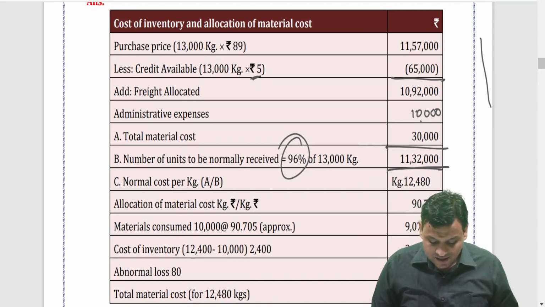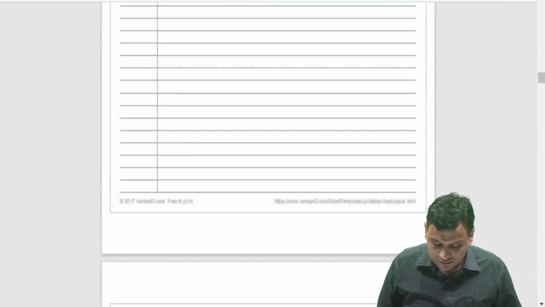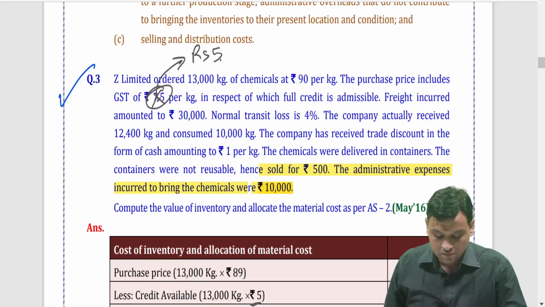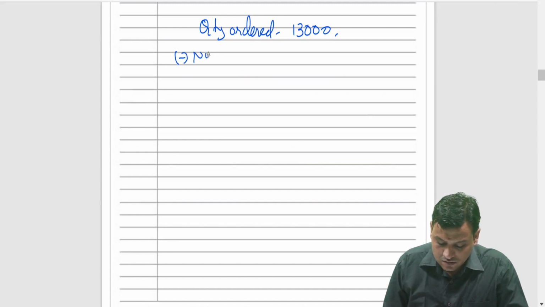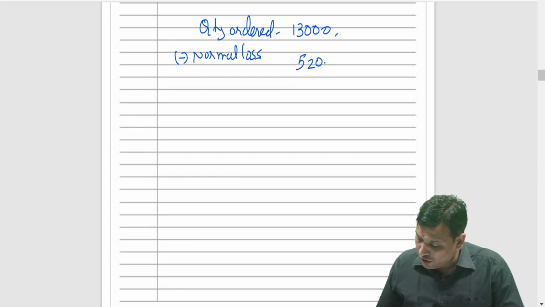Now my abnormal loss is 80. How did we arrive at 80? See, quantity ordered is 13,000. I am expecting 4% normal loss. So 520 will be my normal loss, friends.